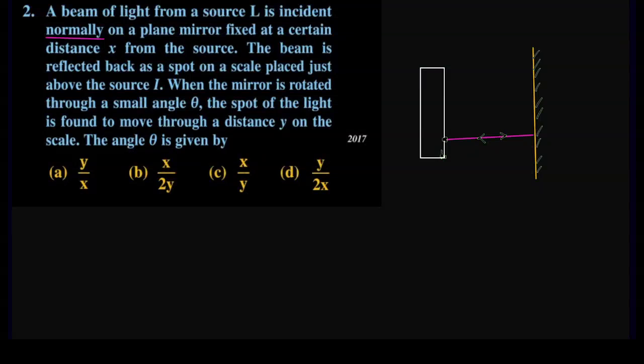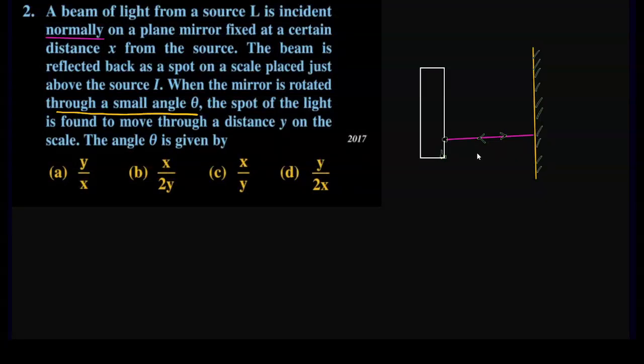Now this mirror is tilted. When the mirror is rotated through a small angle of theta, the spot of the light is found to move a distance y on the scale.